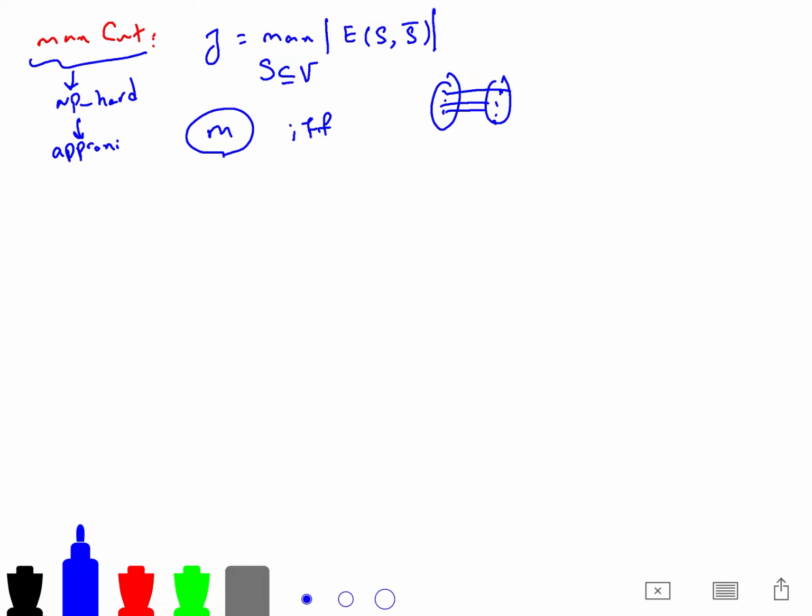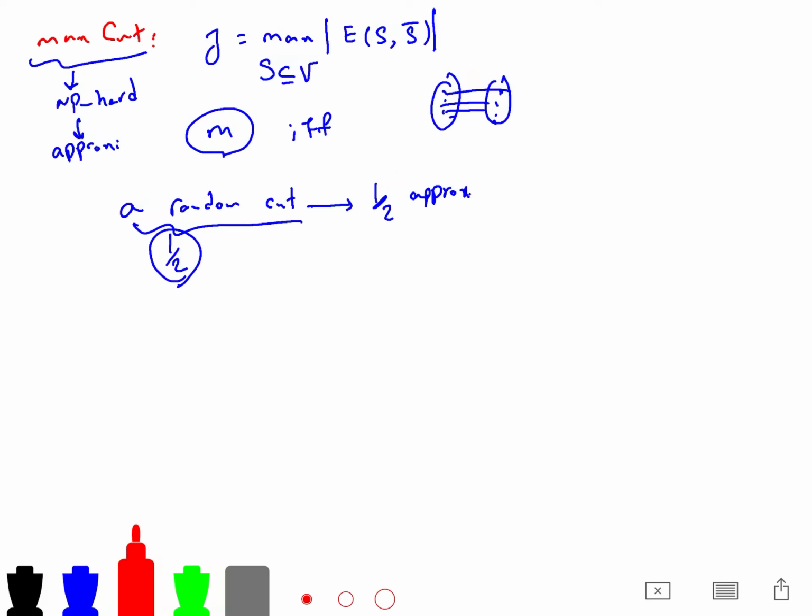So a classical thing is a random cut, which I define as follows: we put each vertex in S with probability half. I want to prove that it is a half approximation. The proof is very easy.